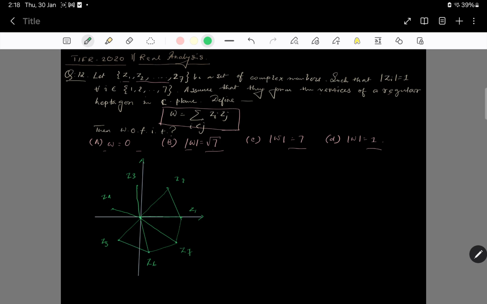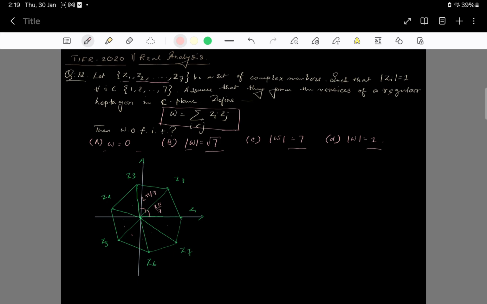It's a very rough picture I'm drawing. Okay, great. Now the thing is, the angle between any two consecutive complex numbers should be 2 pi by 7. This one is 2 pi by 7, this one is also 2 pi by 7, and so on. For everyone it's the same.